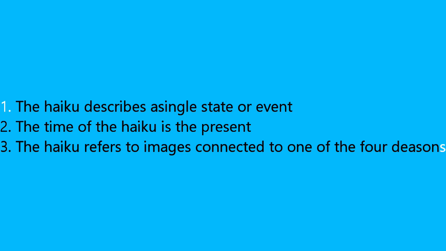Okay, it's never like in the past or in the future, it's right now. Three, the haiku refers to images connected to one of the four seasons. So you'll have either spring, summer, fall, or winter. Okay, so these are the set parameters that it focuses on, the three, for a haiku.